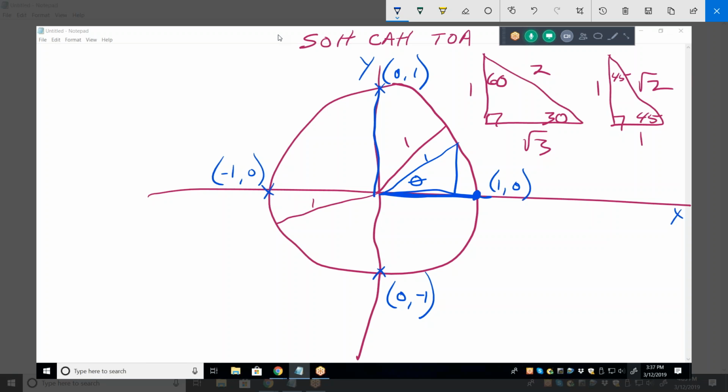So what would the cosine of theta be? If I call this x and this y, which I would, what's cosine of theta? It's x. The sine of theta is y. So, I can take any point on the circumference of that circle, and the first coordinate is the cosine of that angle, the second coordinate is the sine of that angle.